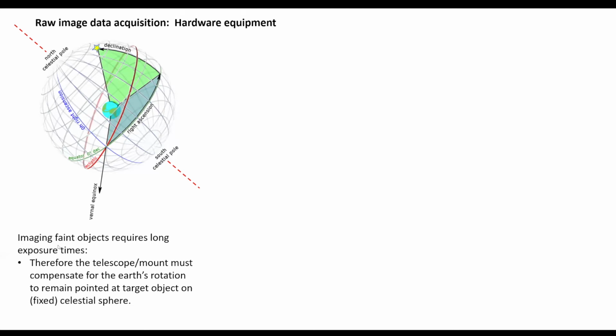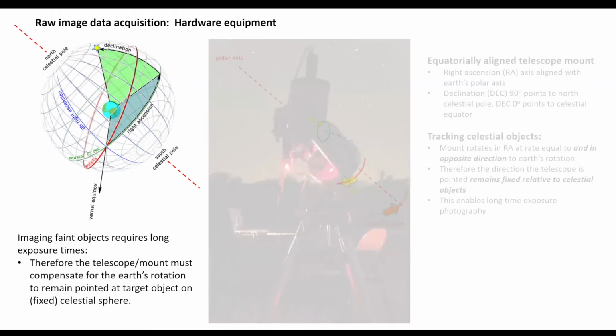Thus you need a long time exposure, and you have a problem: the Earth is rotating from west to east, making objects on the fixed celestial sphere appear to move across the sky from east to west. This is a problem for long exposures, so your telescope mount needs to compensate for the Earth's rotation to remain pointed at your target object on the fixed celestial sphere.